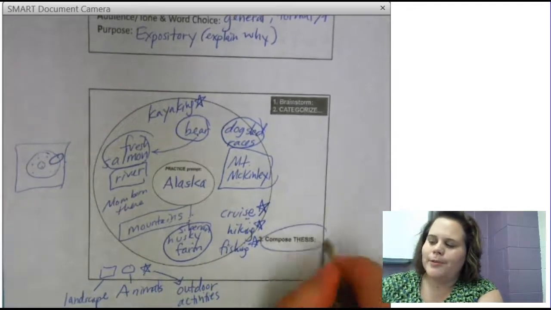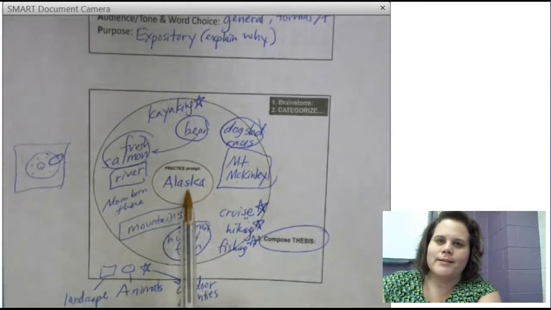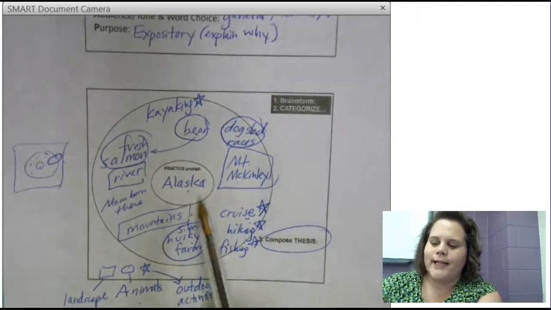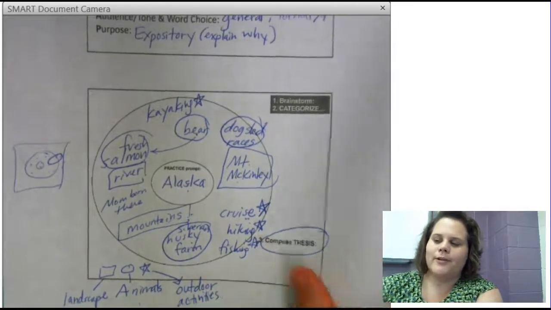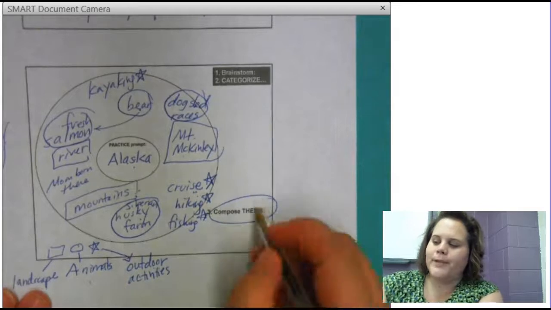So now I need to come up with a thesis statement. My thesis statement is my topic sentence and my categories. So I can't say Alaska because landscape, animals, outdoor activities. I need to put it together. My topic was a place I'd like to visit plus my categories.